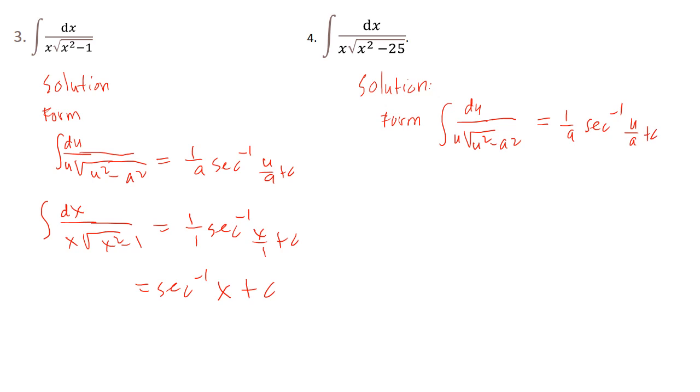So therefore, your integral of dx over x square root of x squared minus 25 equals 1 over 5 arc secant x over 5 plus c.